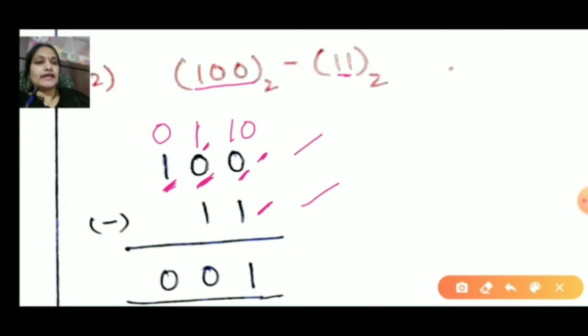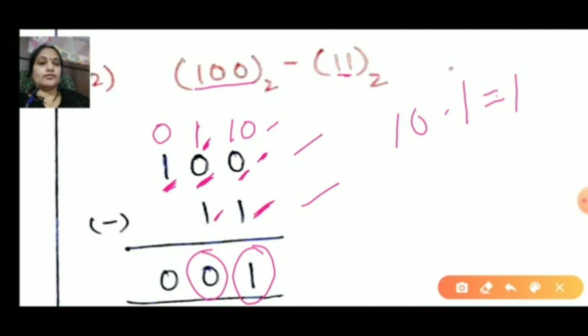Now, you can easily subtract 1 from 10. What is the rule? 10 minus 1 is equal to 1. That's why we have written 1 here. Now, subtract this 1 from this 1. That is 1 minus 1 is equal to 0.